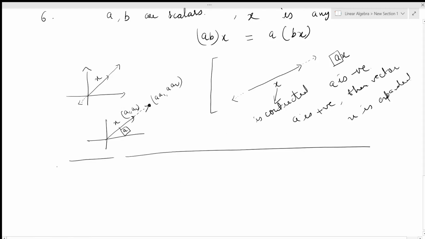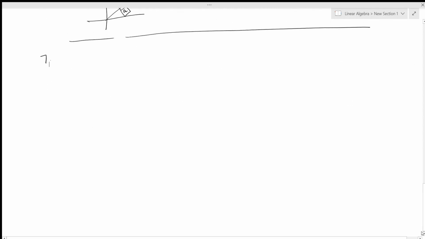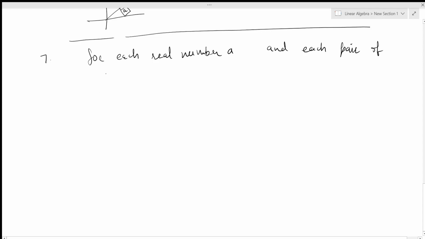So now, the seventh property of vectors. In the seventh one, for each real number a and each pair of vectors x and y, a multiplied with (x plus y) is the same as ax plus ay.